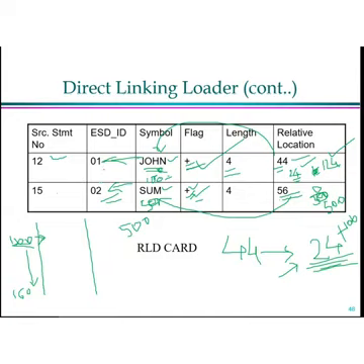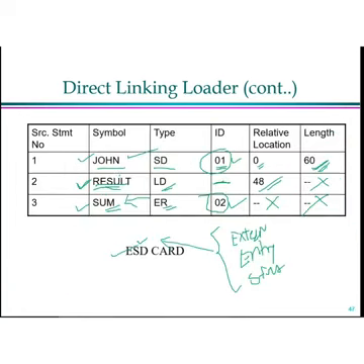So कैसे link करोगे दोनों को? So these numbers are helping you. So if I'm saying ESD card entry, sorry, RLD card entry with ESD 1, so I'll go here on ESD card with ESD ID 1, and from here I'll pick the relocation, relative locations or length if required for updations.